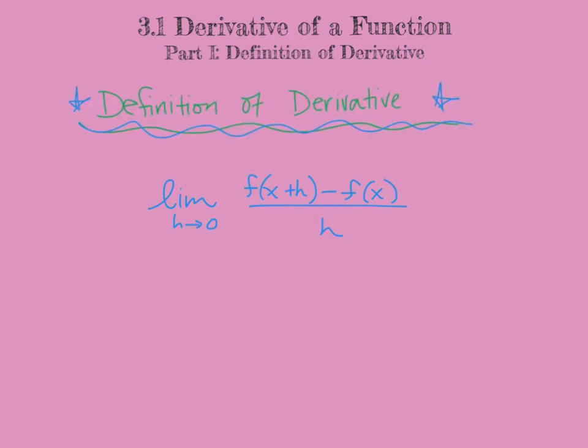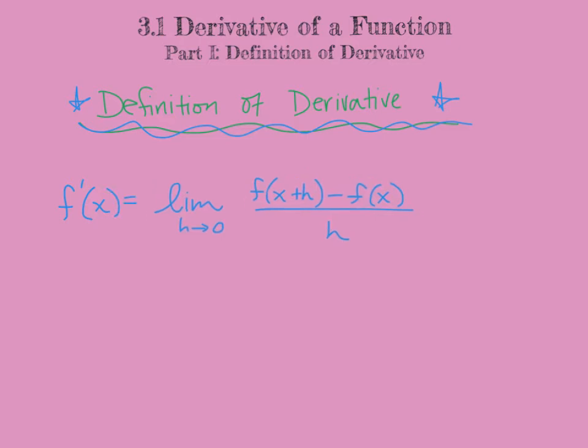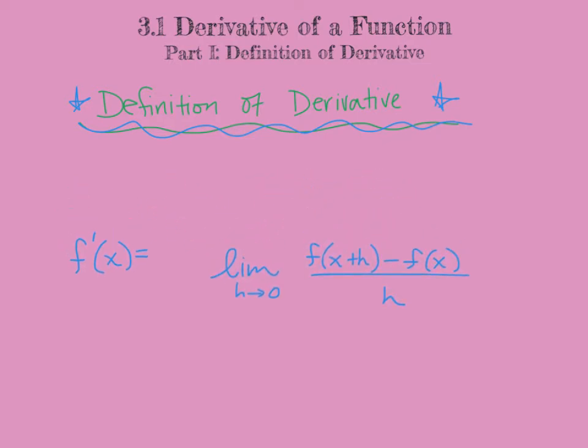And some more notation for us is that this is called f prime of x. So a couple more things we can write is that this is the definition of a derivative right here.